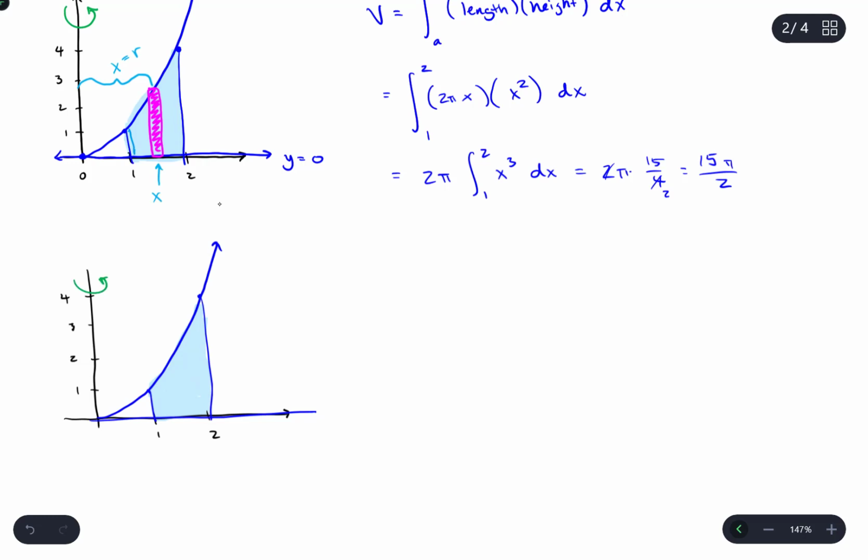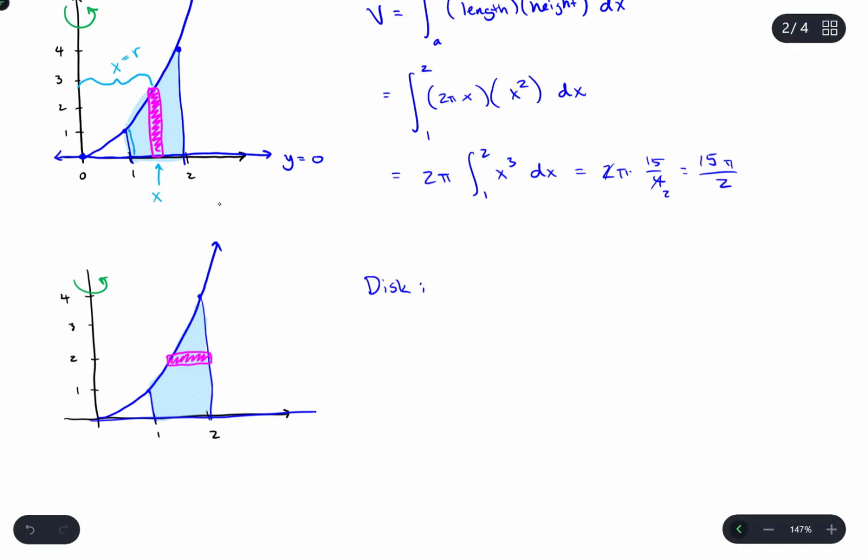It's just, I'm going to be using horizontal rectangles instead. And the important thing is that these are perpendicular to the axis of rotation, so that means we would use the disk or the washer method. And I tend to really just say disk because it's not much different. The washer is just a generalization, that's all.